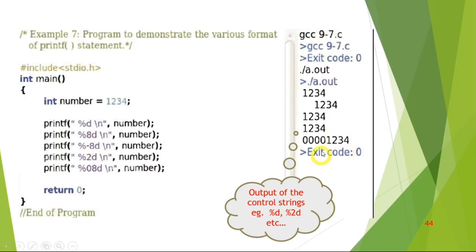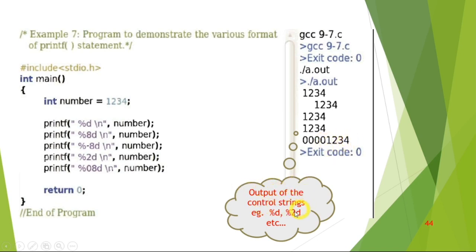So let's check the output here. So first is very simple, as shown, %d normal, so it will come, then it is %8d, it will leave the space of 8 spaces, then %-8d, it should come in left align actually, minus is for left alignment, so %2d is leaving the 2 spaces, then write the number, and last one is %08d, so it will leave the space of say 4 spaces, 4 zeros is given, so then write the number.